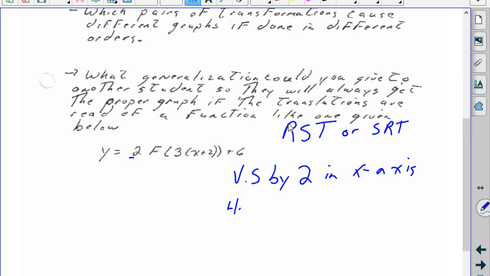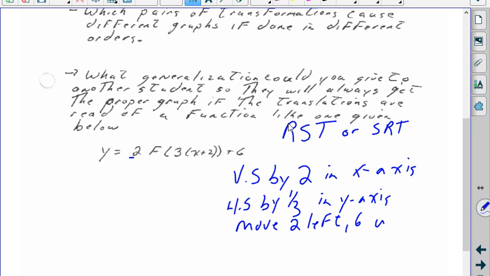We have a horizontal stretch by 1/3 on the y-axis. And I don't care which one of those happens first. It's not important, because they're independent of each other. Where we're not independent is we have move to the left, 6 up.